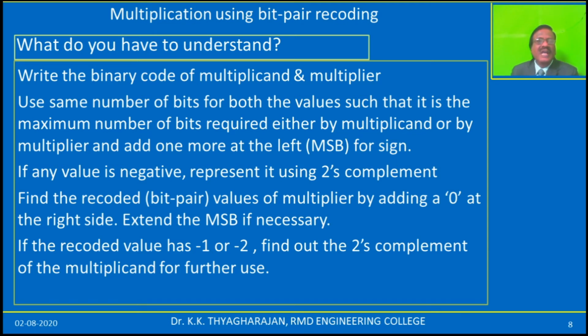If any value is negative, represent it using 2's complement. Find the recorded bit pair values of the multiplier by adding a 0 at the right side. Extend the MSB if necessary. If the recorded value has -1 or -2, find out the 2's complement of the multiplicand for further use.